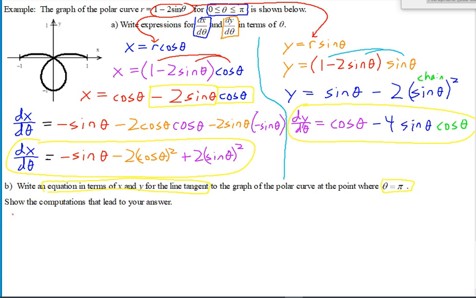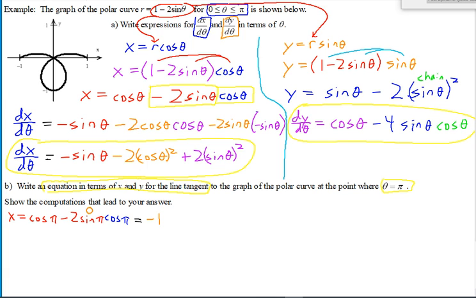Let's say x equals cosine of pi, right here, minus 2 sine of pi times the cosine of pi. Well, cosine of pi is -1. Sine of pi is 0, so that wipes out this entire term. So we just get -1. There's our x coordinate of our point of tangency. And now let's find the y coordinate.